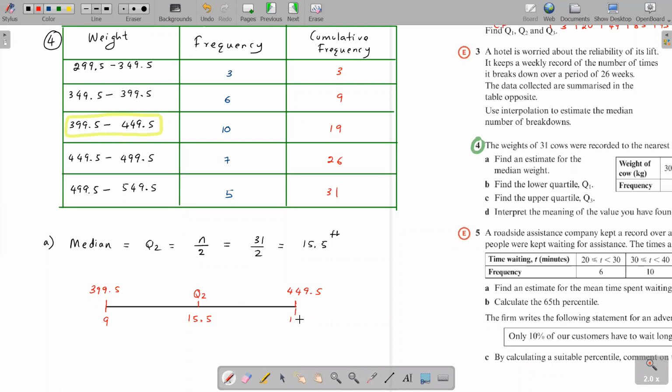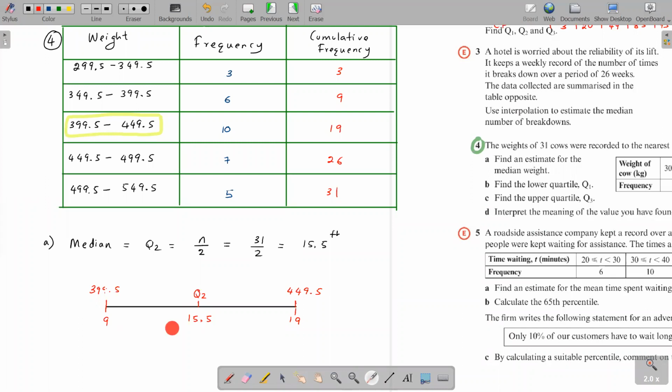When you do this interpolation, you draw this line. At the top, you mark the respective class boundaries, and at the bottom, you mark the cumulative frequencies. Now all you have to do is divide this interval.